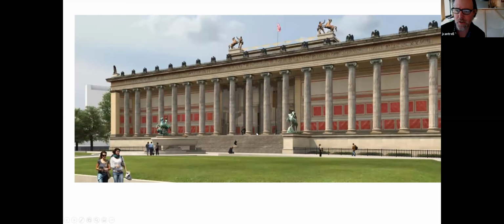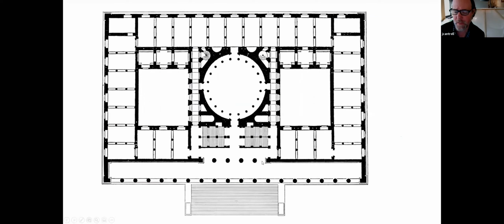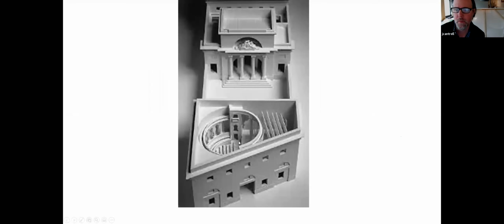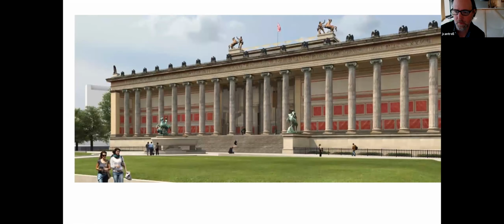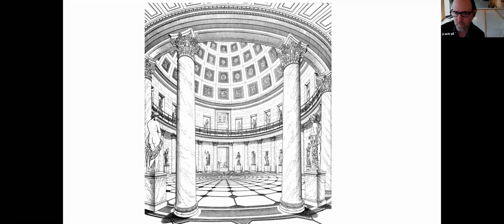So this was actually covered with glass, and the entry space is now closed in. It used to be completely open. Yes, I think it's a gallery primarily for sculptures.